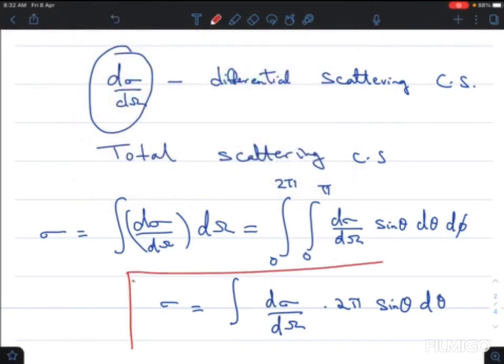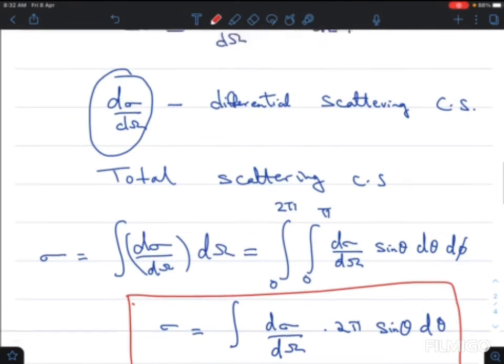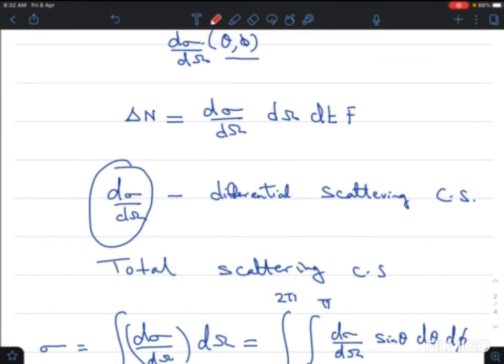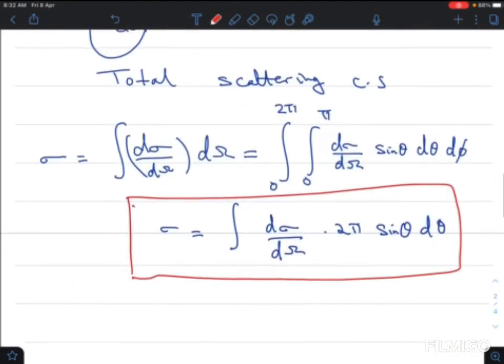So this is the total scattering cross section. So this is very important: delta n is equal to d sigma by d omega, delta omega dt into F. So this we will call equation 1.